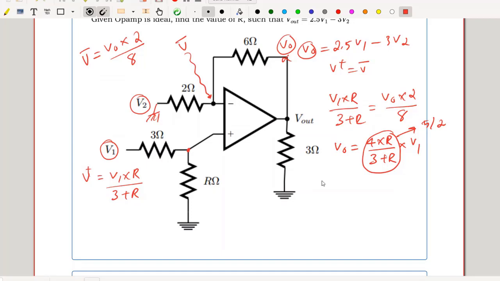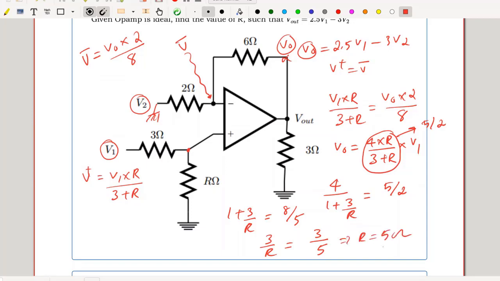So 4 divided by 1 plus 3 by R is equal to 5 by 2. That implies 1 plus 3 by R is equal to 8 by 5. That implies 3 by R is equal to 3 by 5. Implies R is equal to 5 ohms.